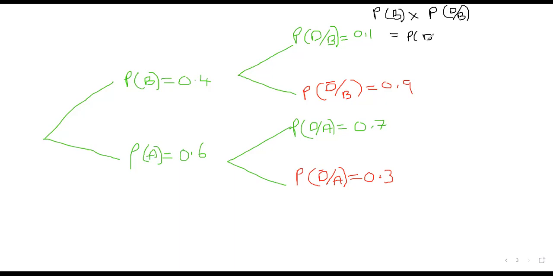This is D intersection B. We know that intersection is the same as multiplying. Union the same as adding. So probability of B times D given B, when you multiply them, we're going to get D intersection B. So this one times that one, we get 0.04.